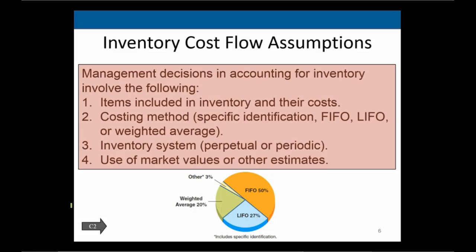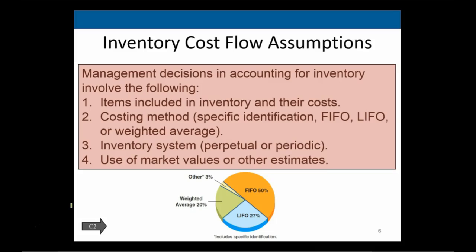We have a different number for each car, and we tie the exact car to the sale of that car. But if we're talking about nuts and bolts, or selling milk or vegetables, obviously we don't know exactly what that particular carton of milk cost us, and the cartons of milk could cost us different prices over time.